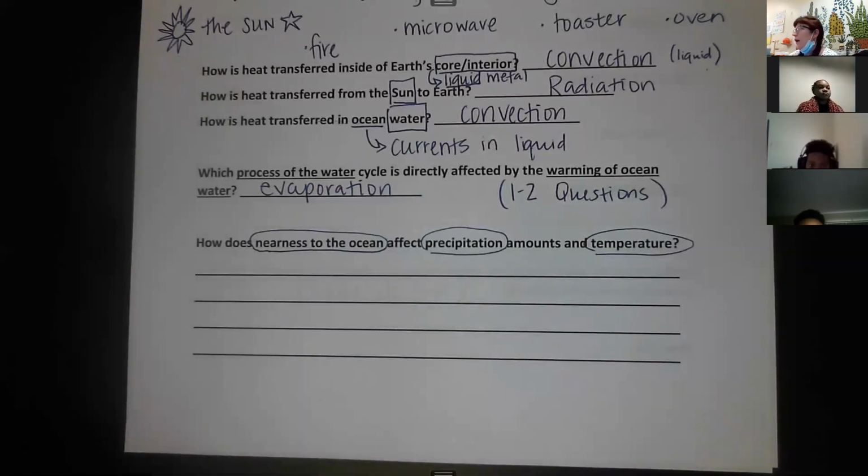Why? Why? Ethan? Yeah, more water to be evaporated. And because we're close to, in Florida, we're close to the equator, how does that impact it? Caroline? Makes it more humid, more water is going to be evaporated into the air, right?